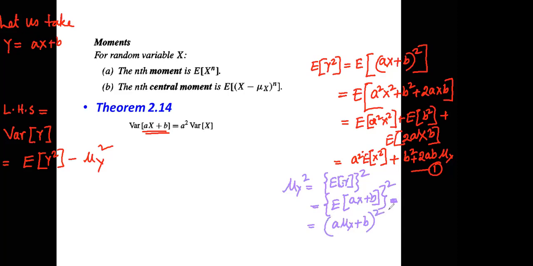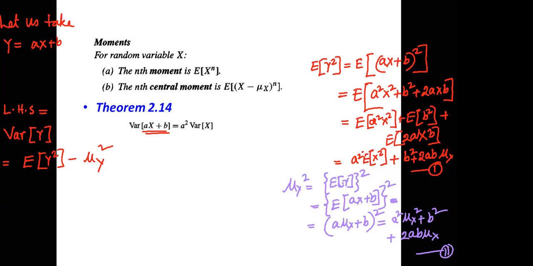Can I say that? Yes, sir. Okay. Now, if you square it, it becomes a square mu x square plus b square plus 2ab mu x. Let's put it as equation number 2. Is it okay?